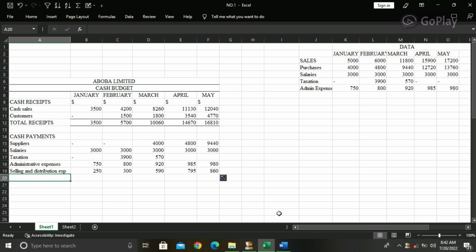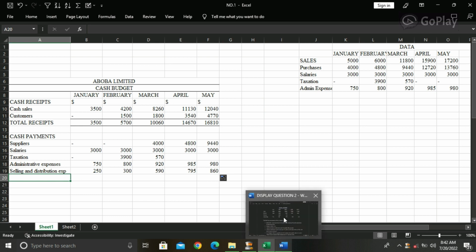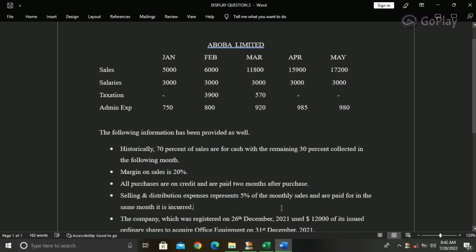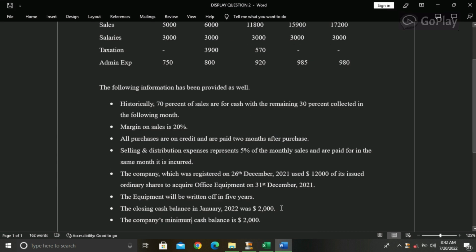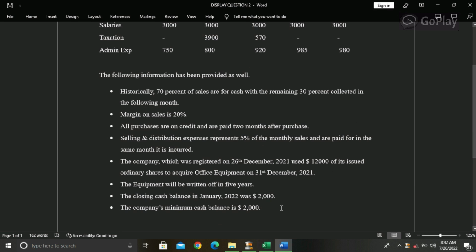Now let's continue with the question and look at the other bullets too. The 5th bullet says the company, which was registered on 26th December 2021, used 12,000 of its issued ordinary shares to acquire office equipment on 31st December 2021.